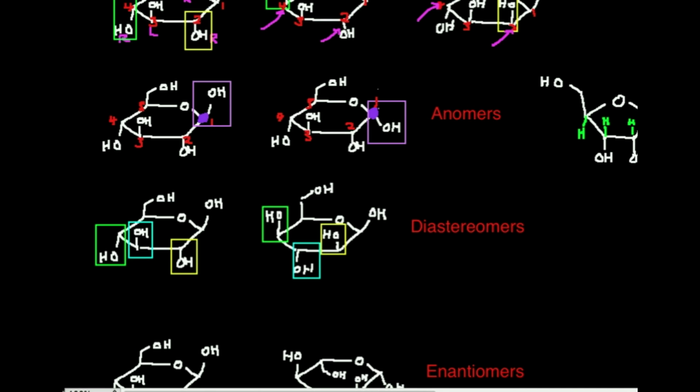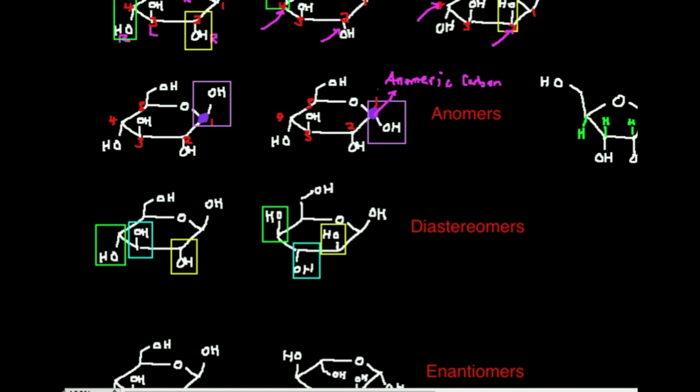Now, where does the term anomer come from? Well, this position that's highlighted in purple is given a name: it's the anomeric carbon. The reason that carbon is special is that some reactions happen at that carbon non-enzymatically, and we're going to go into that in another video.